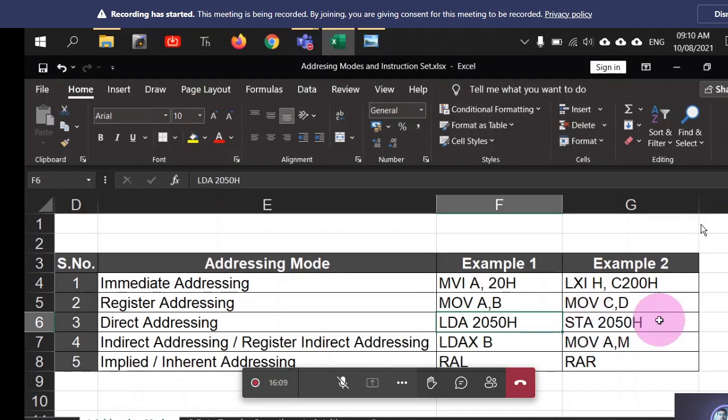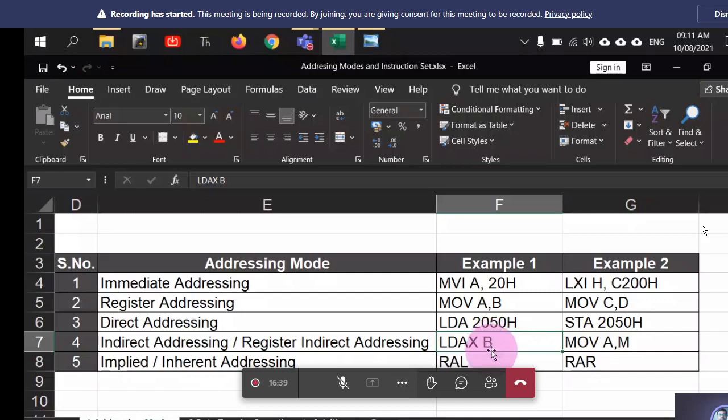Now let's come to this command, LDAX B. What will it do? Since X is written, it's a 16-bit command. It will load the accumulator with 1 byte of data. And where will it bring that data from? It will bring that data from the externally interfaced memory whose address is kept in the BC register pair, right? So the data that we are trying to operate on is still kept in the externally interfaced memory.